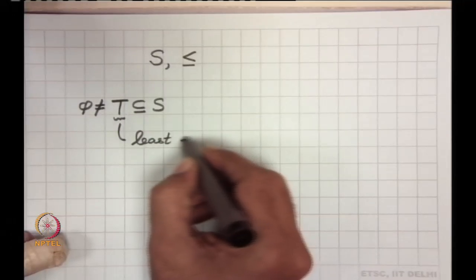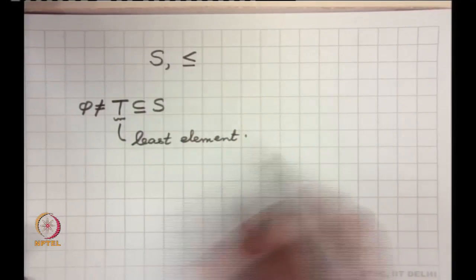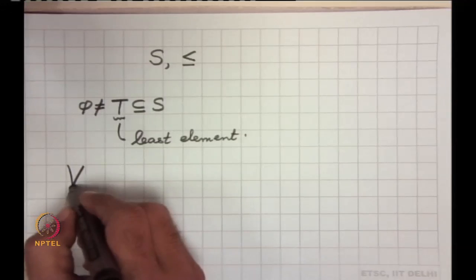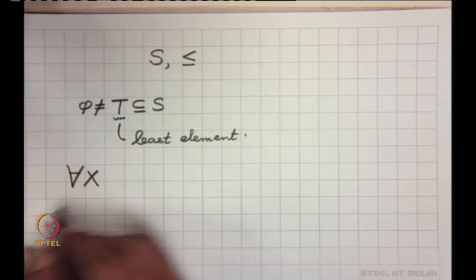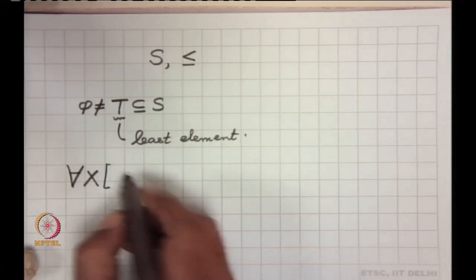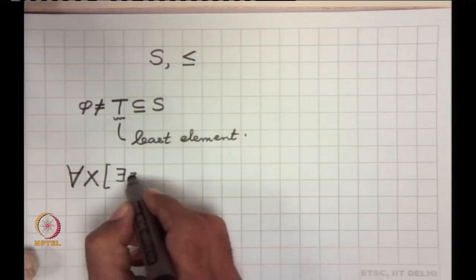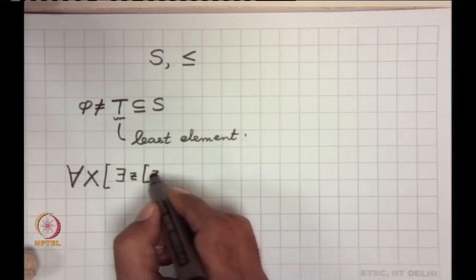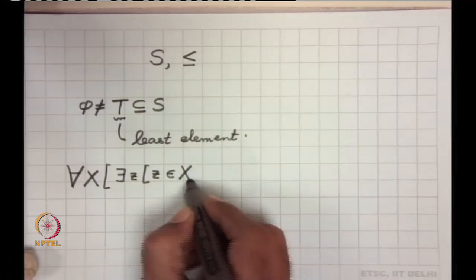Okay, so how would one express this? One would essentially express this by saying for all x such that there exists some z such that z belongs to x.